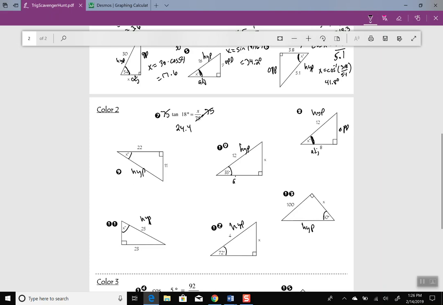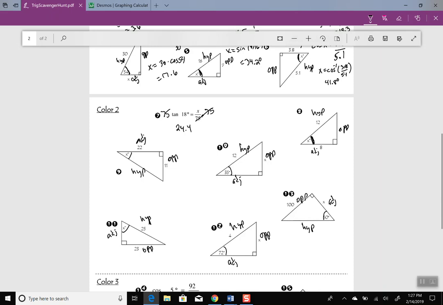Here's my angle, so that's the adjacent, this is the opposite. There's my angle, so adjacent and opposite, and so on for each triangle.